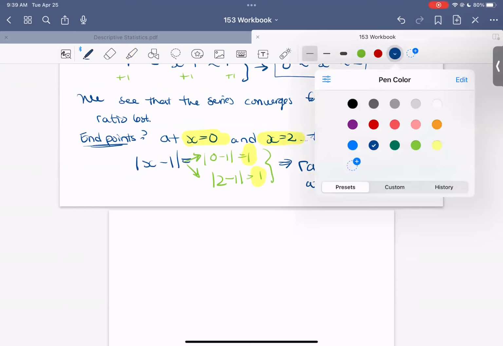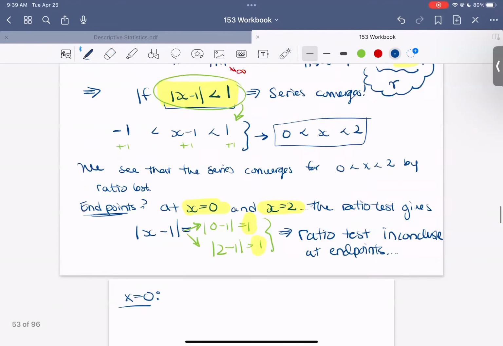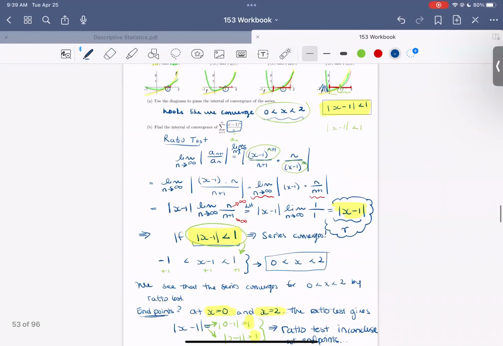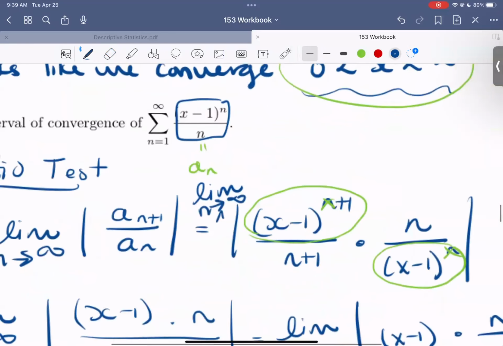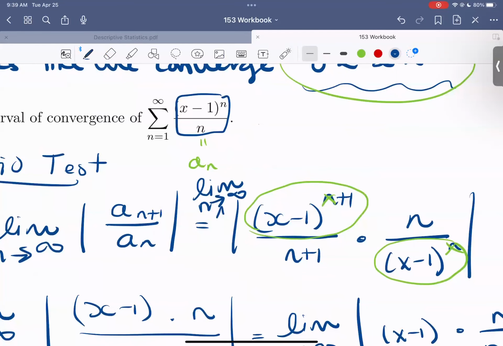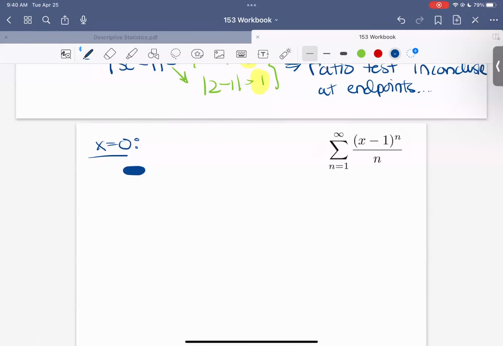So let's look at when x equals 0 first. If I just plug in x equals 0 into our series, what happens? I'm going to copy our series down just so we can see it on the same page. All right, so here it is. When x equals 0, we get the series of n equals 1 to infinity of (0 minus 1) to the n over n.